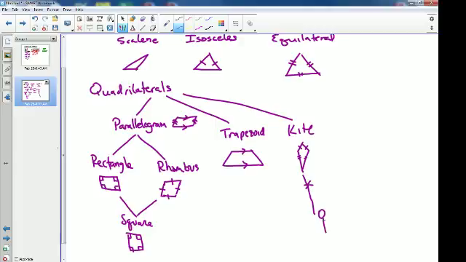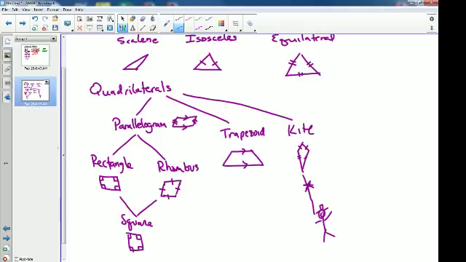On the trapezoid the sides are the same though, right? These two?